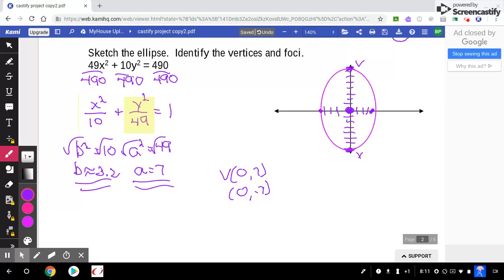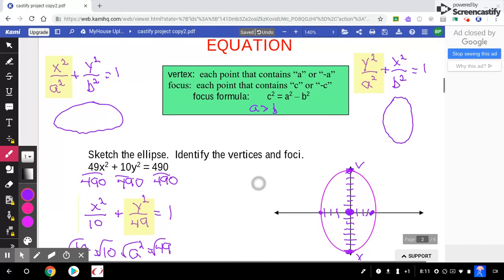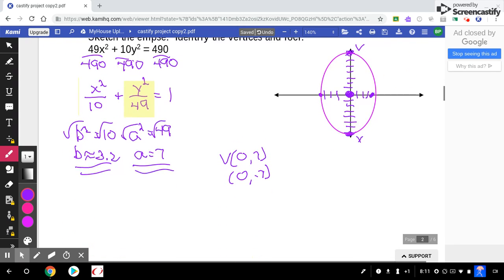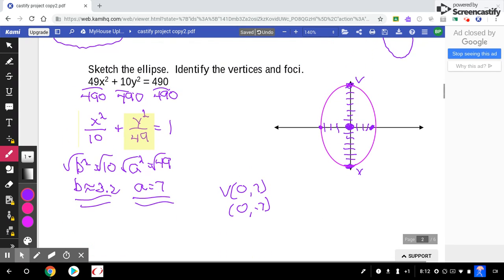So I'm going to scroll back up for just a second. And here's the focus formula. c squared equals a squared minus b squared. So let's try that. Well, c stands for focus. We don't know that yet. But we did know that a squared was 49 and b squared was 10.